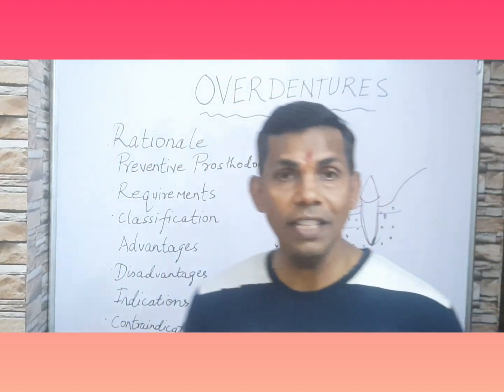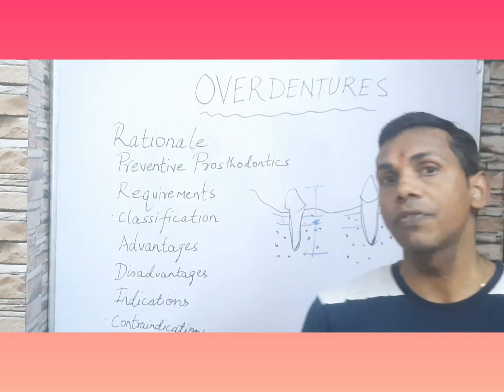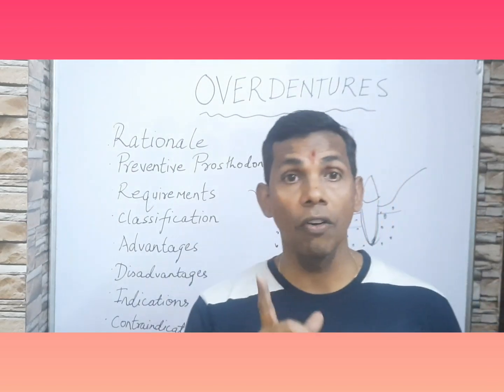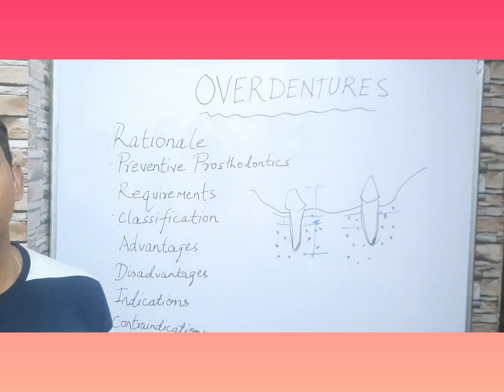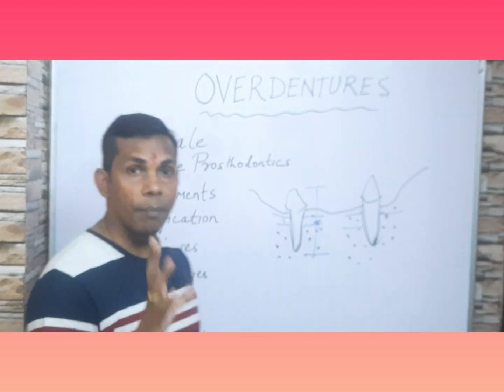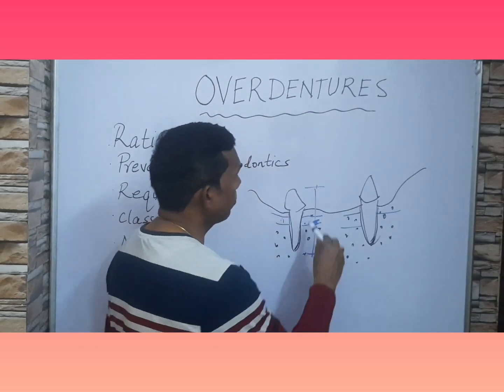When you are reducing this lever arm, you are basically reducing the amount of torquing force on the natural teeth. You are preserving the teeth, and you are also preserving the amount of bone. Secondly, when you are making an overdenture, the rest of the basal seat should be well healed.